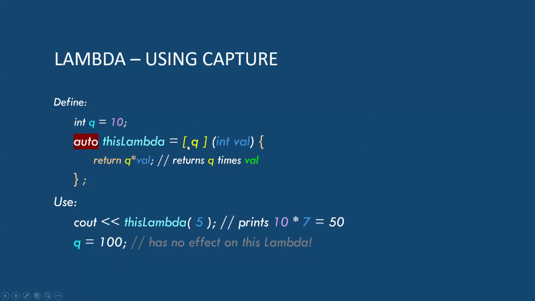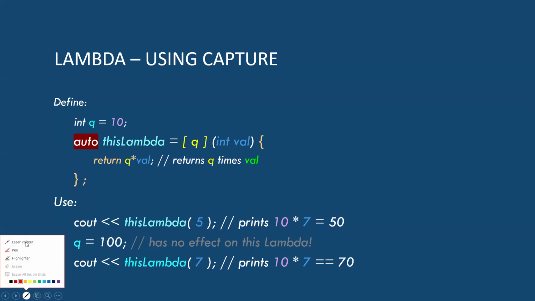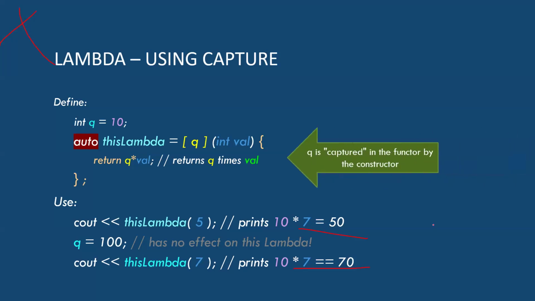It wasn't by reference, it was just a copy that went in, and so now it's locked in. So changing that Q is not going to affect it, we should get the same thing. I just got to fix my comments over here. Sorry about the math. So that's one of the things that is maybe a little surprising about captures: it doesn't affect it later on.